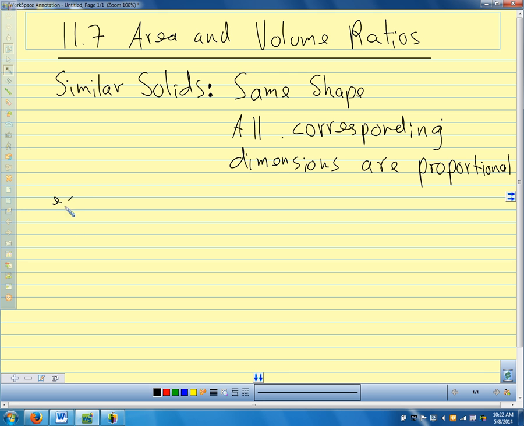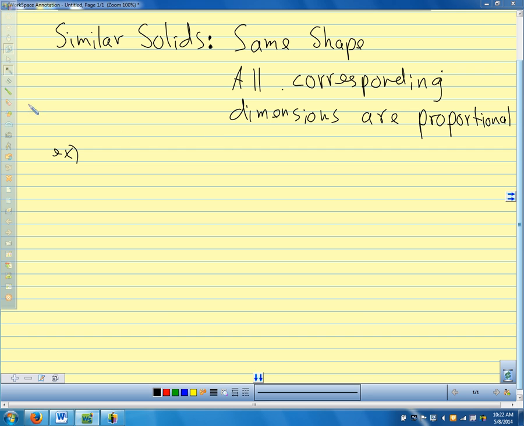So let's look at a couple of examples, and we're going to decide whether or not these things are proportional. We'll start with a couple of boxes. There's one, and here's my other one.